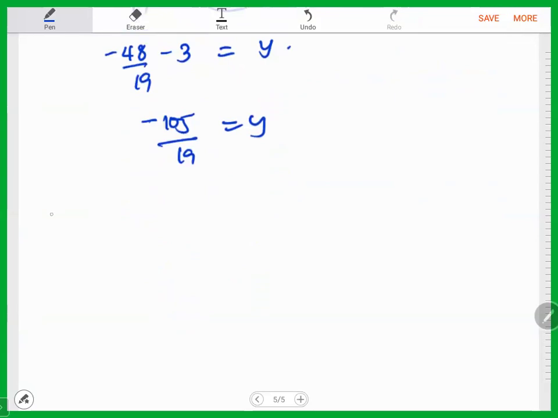Method number 2, we have the substitution method. With this method, we make one of the variables the subject and then substitute it in the other equation.